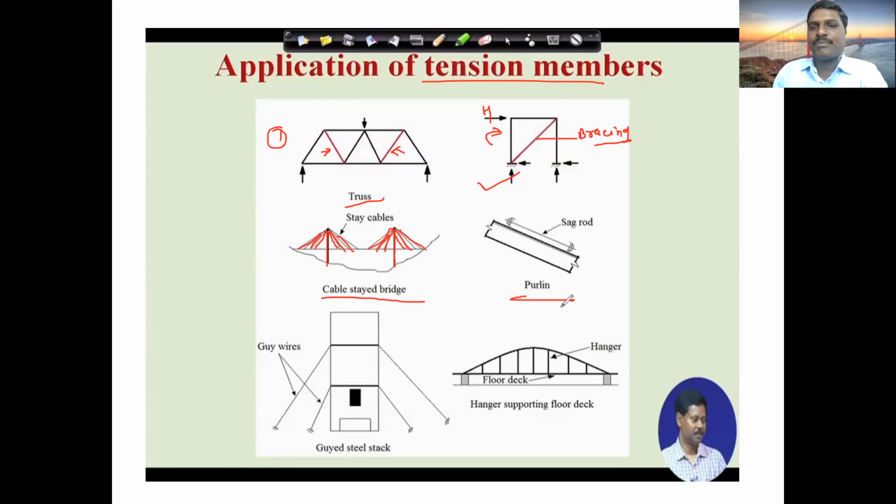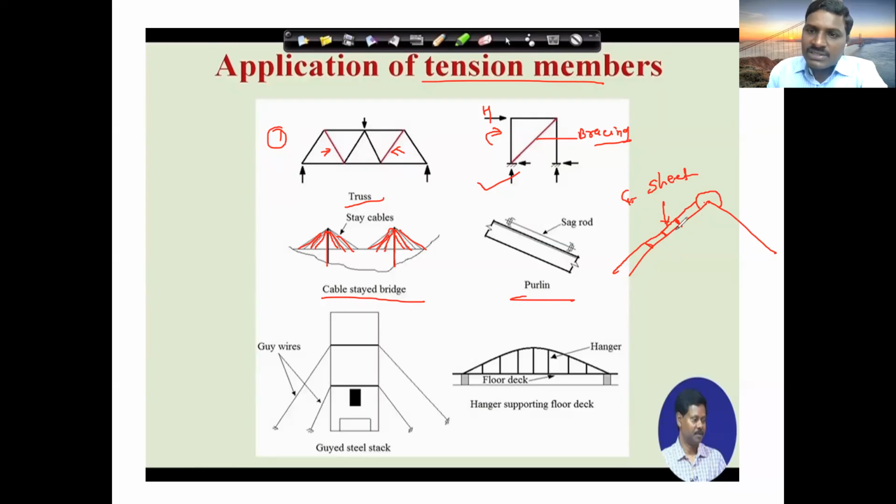Then purlin. Now, where are we providing purlins in the steel structure? If this is the truss, on this truss we are providing the sheets, GI sheets. Below these GI sheets we are providing purlins.